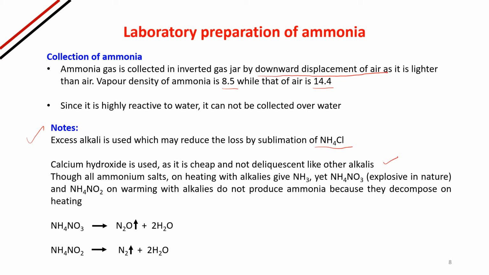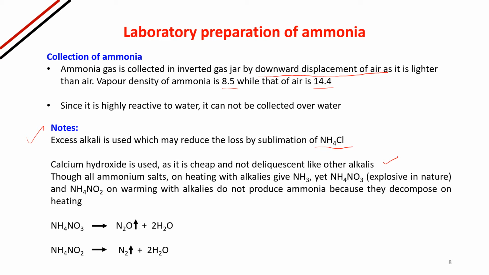Though all ammonium salts on heating with alkali give ammonia, yet NH4NO3, which is very explosive in nature, and NH4NO2, these two on warming with alkali do not produce ammonia. Why?